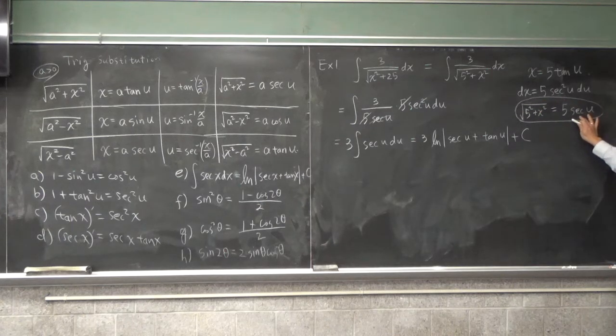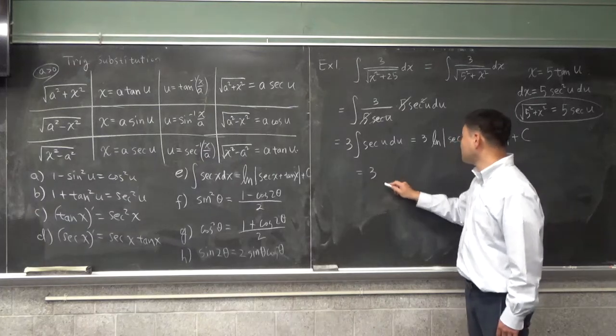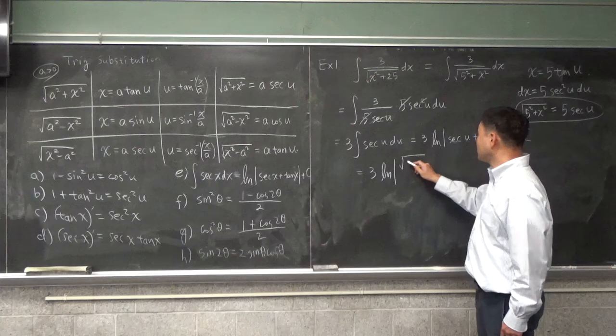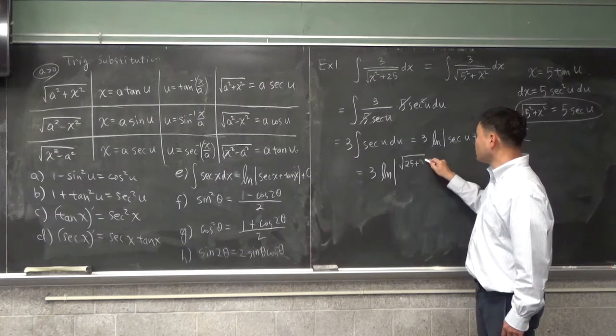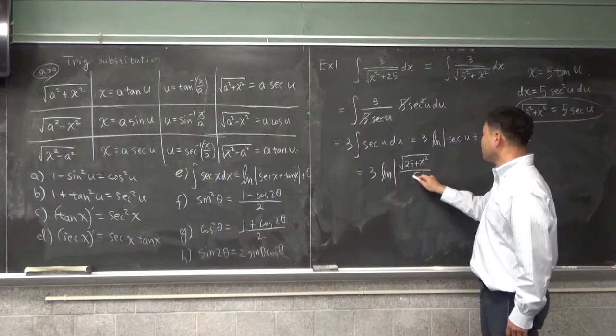So what is secant of u? If you solve this for secant of u, you just divide by 5, right? So it will be 3 times ln of square root of 25 plus x squared over 5.